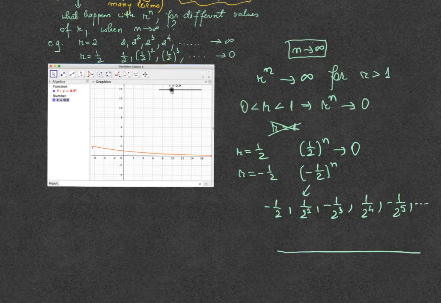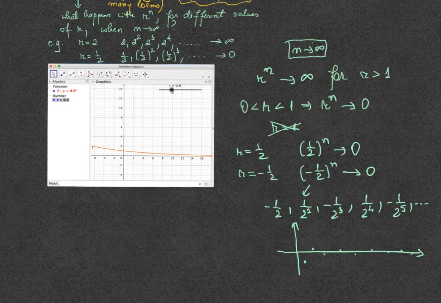So think of a graph. Minus 1 over 2 plus 1 over 2 squared, minus 1 over 2 cubed, plus 1 over, and so on. So see, the terms alternate above and below the x-axis, but they will approach 0 from both sides. So in this case, this will approach 0 as well.